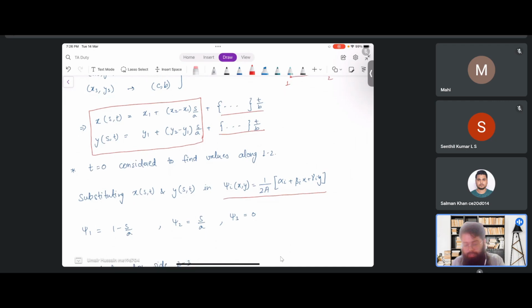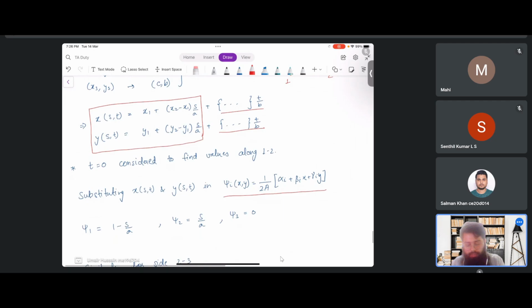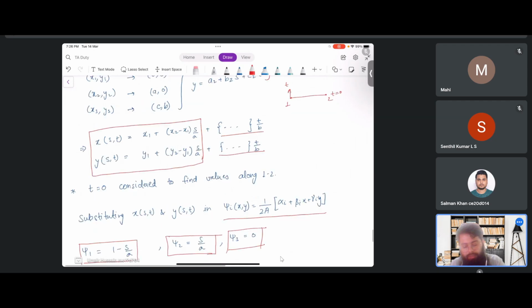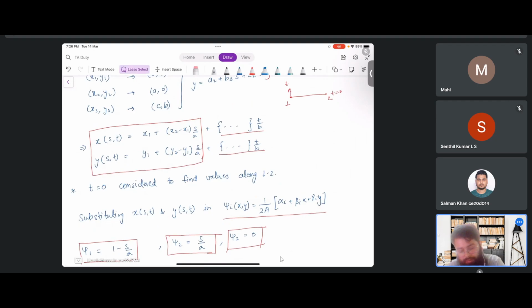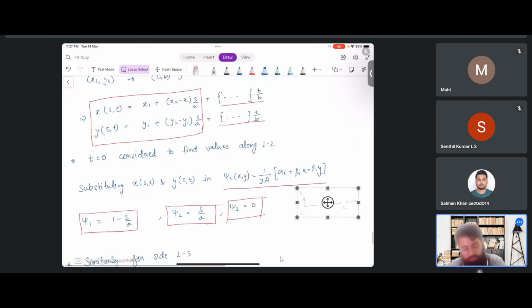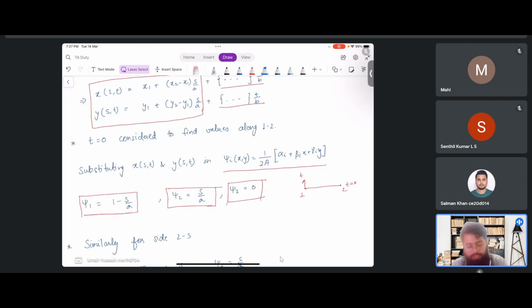If you do this transformation here, you'll get simple approximation functions psi 1, psi 2, and psi 3 would be 0, since you are dealing with this line here. Right? So here there's no node 3, so psi 3 would automatically go to 0.